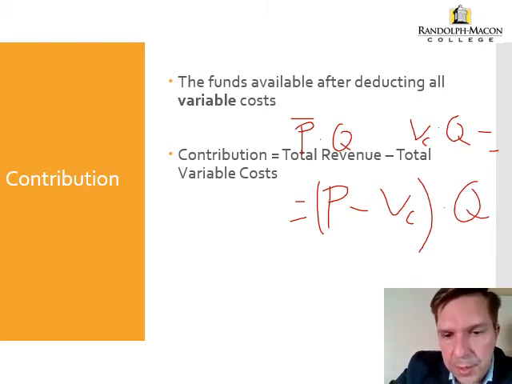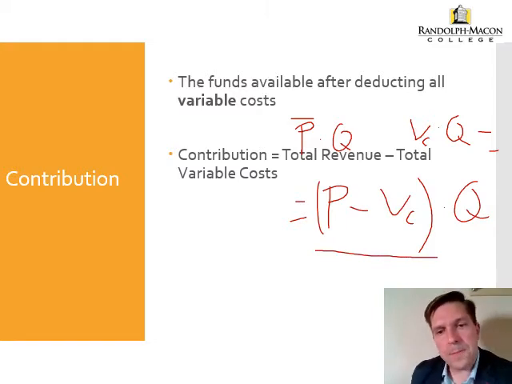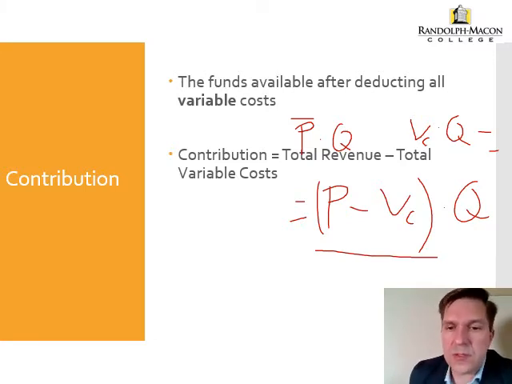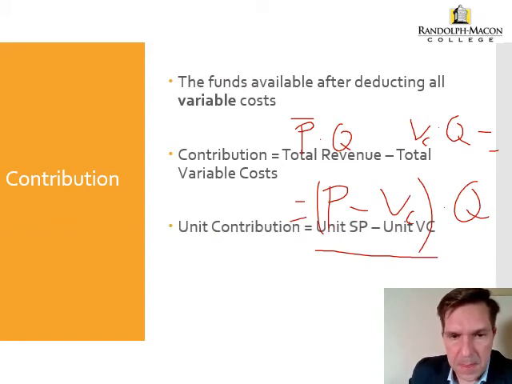It's contribution per unit. You can see it right here. Okay, good. So that's my contribution. It's similar to the margin, but now we only subtract the variable aspect, the variable cost. Okay, good.